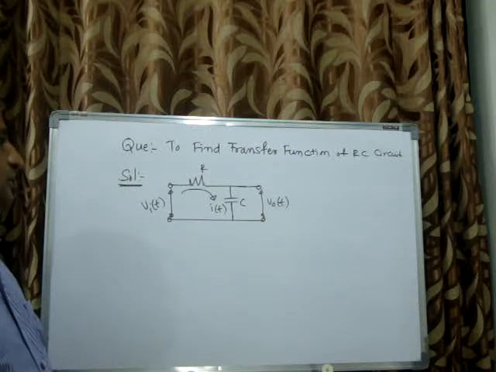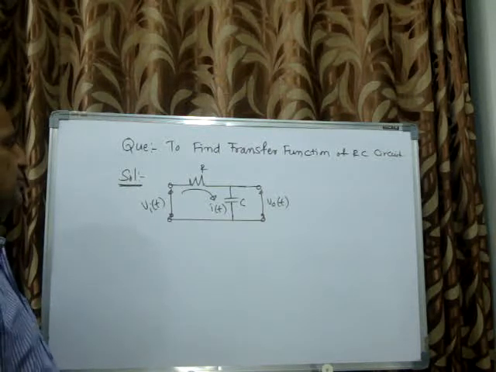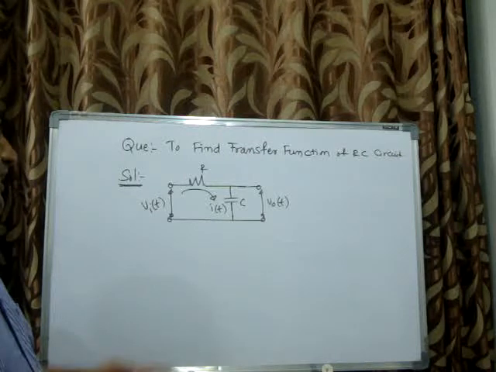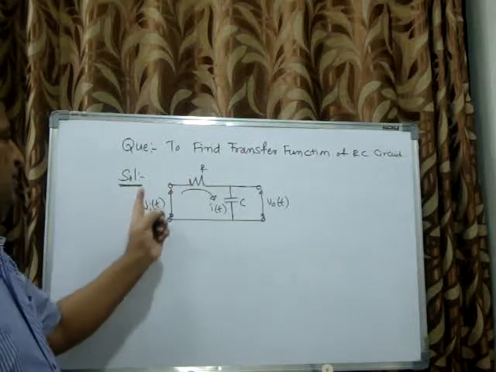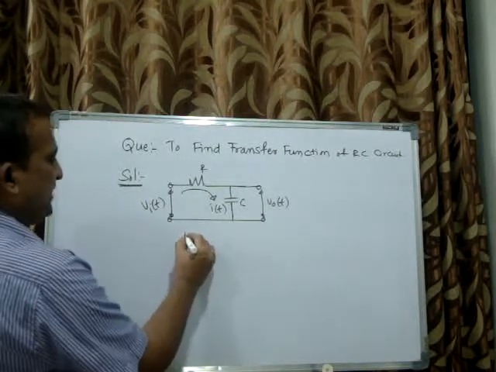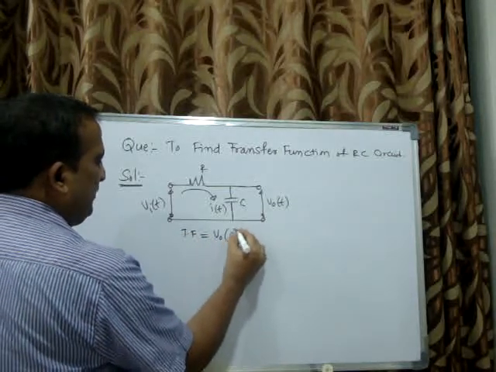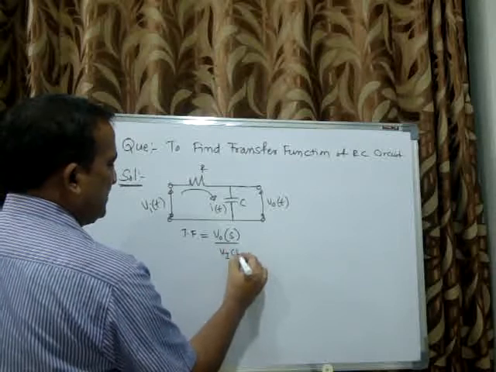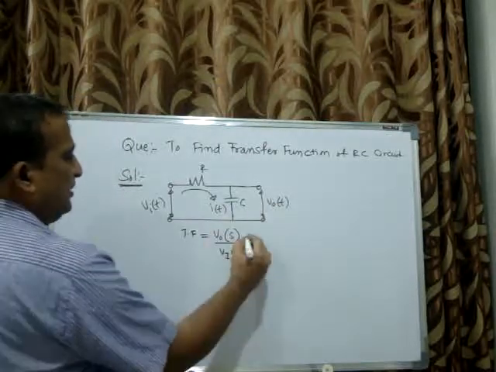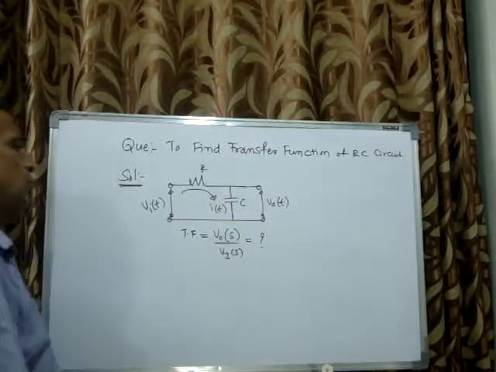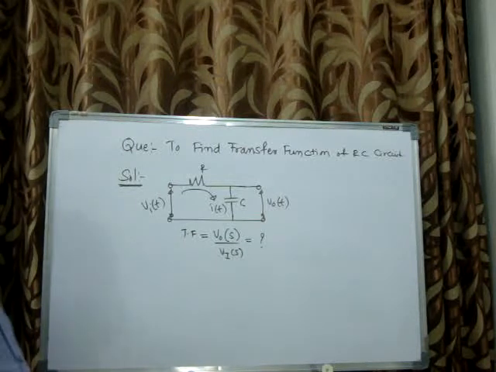So now, find the transfer function means what? Laplace of output divided by Laplace of input, means the transfer function is equal to Laplace of output divided by Laplace of input. This is the output, this is the input. We are supposed to find this.